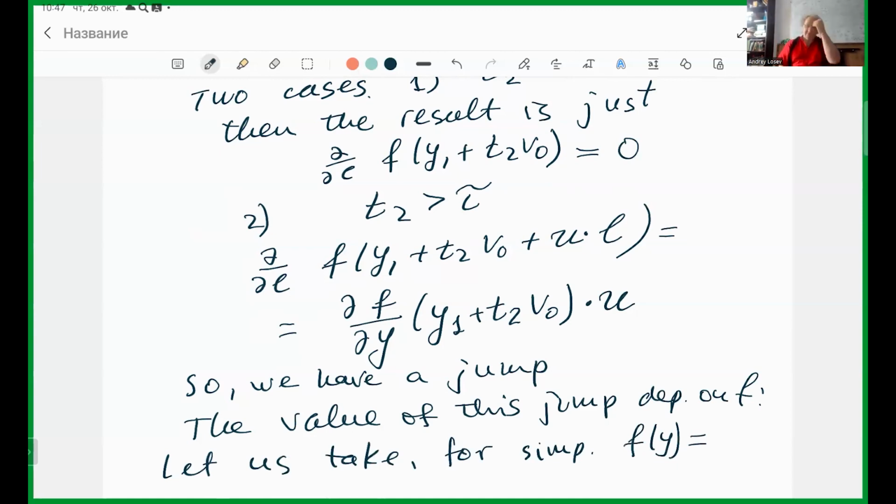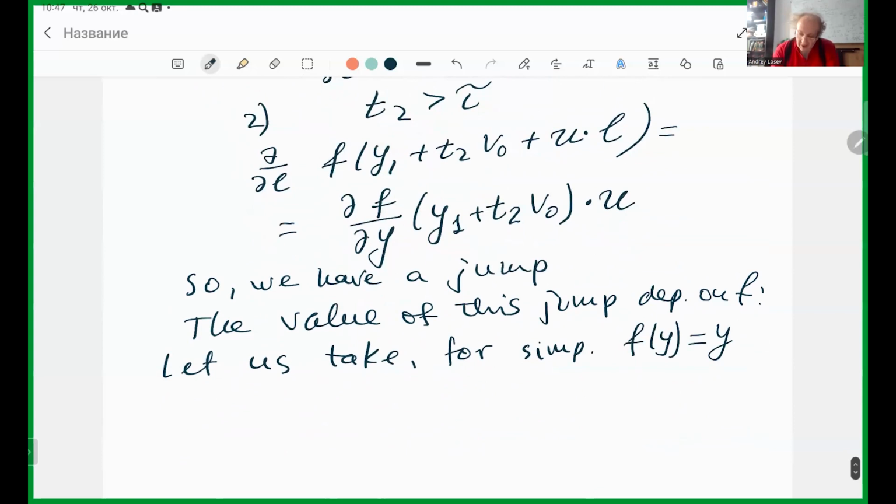For simplicity. So constant is not interesting. Then there is no jump. Well, we can try linear. Yes. And then it would be just u.